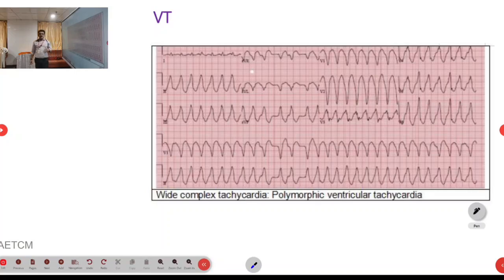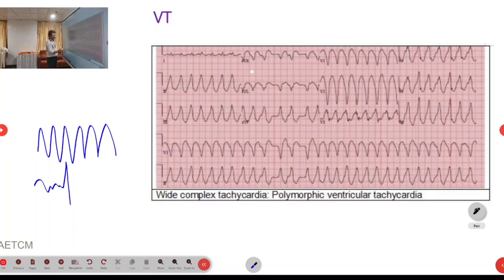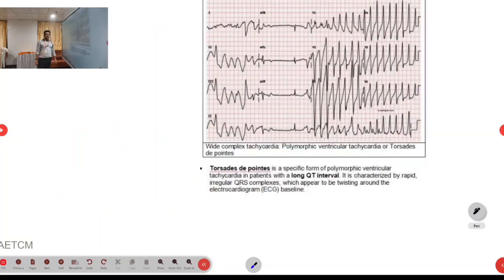Here you are seeing a polymorphic VT. Most of the time VTs are monomorphic, so in any lead you look at, the complexes will be the same. But here some of the complexes are like this, some are like this, some may be like this. They are called polymorphic VT. So VT can be monomorphic or polymorphic. You have to check whether the patient is stable or unstable.